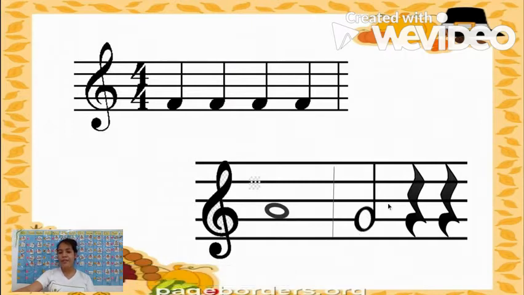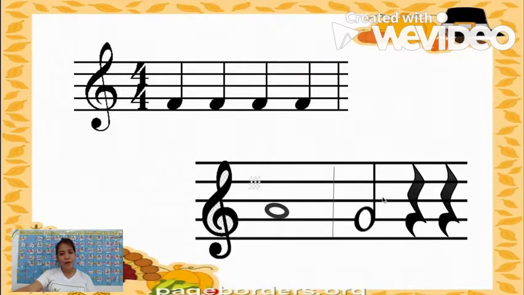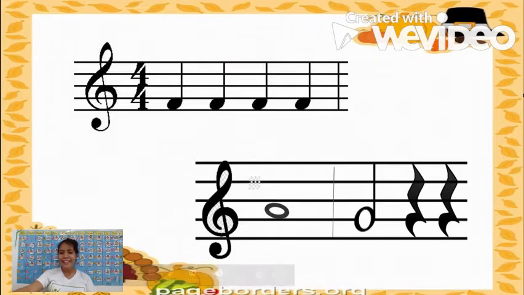And a half note receives 2 beats. And this one is a quarter rest. Each has 1 beat. So 2 plus 1 plus 1 equals 4. So it means the same as here, the time signature of this musical staff is 4/4 because each measure has 4 beats. Got it? All right, very good.